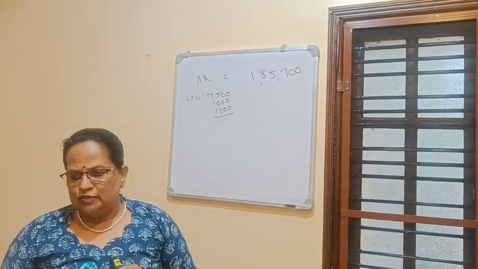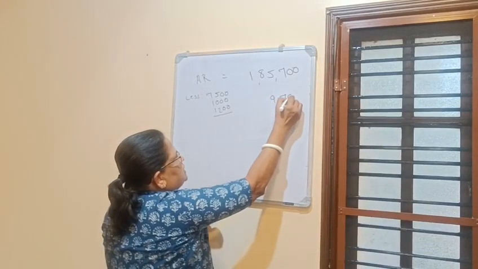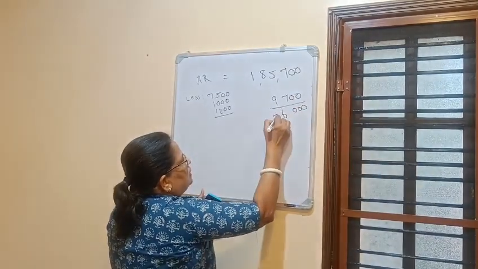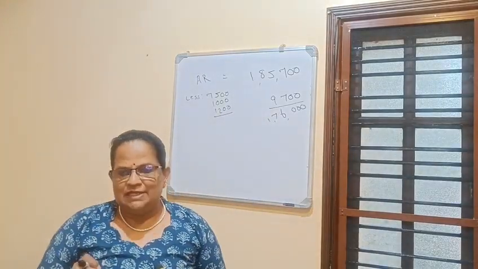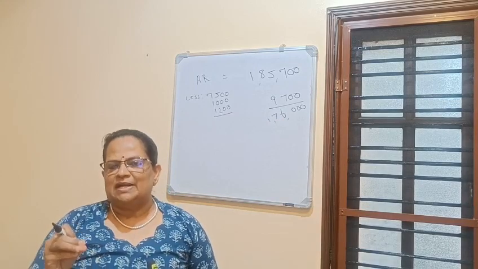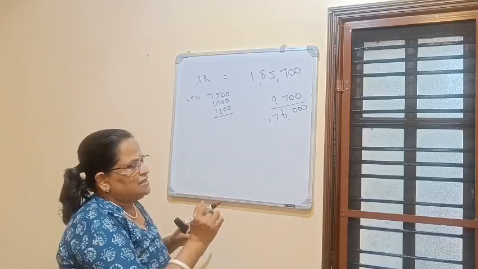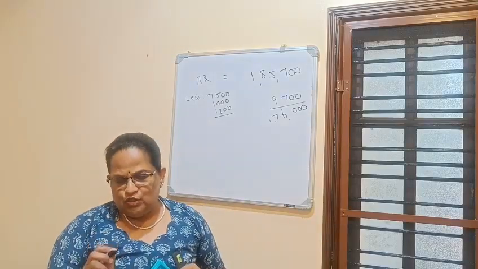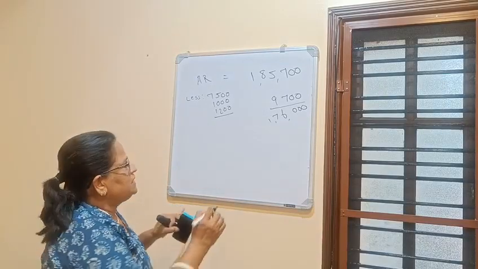These values we can reduce, as this is for the maintenance of the property. So 9,700 you will reduce, and you will get 1,76,000. Now 1,76,000 or municipal rental value 1,50,000, whichever is higher we will take. So 1,76,000 is the real rental value.